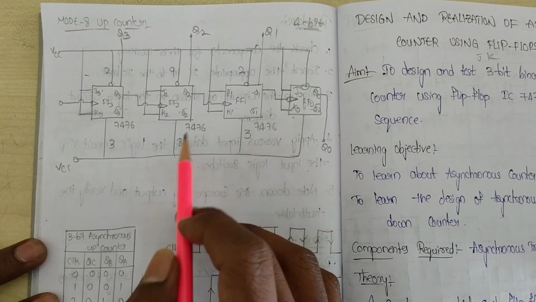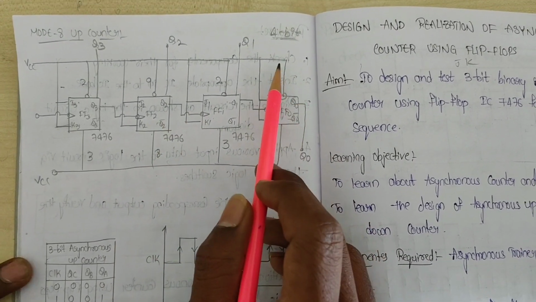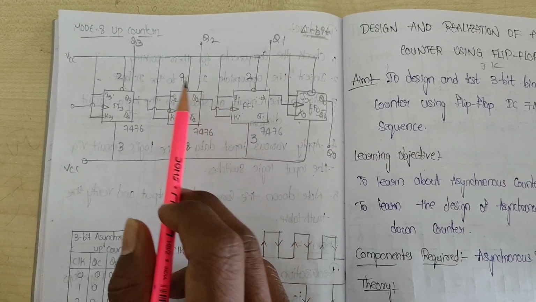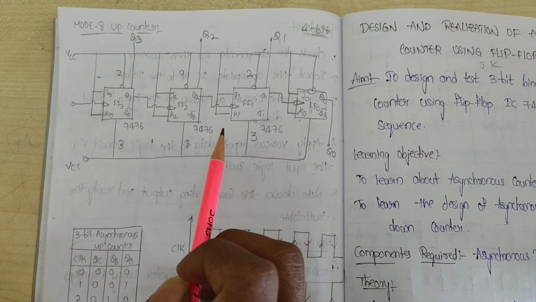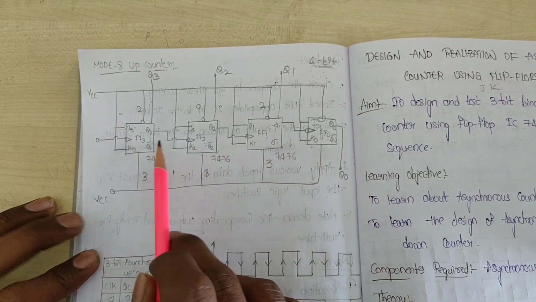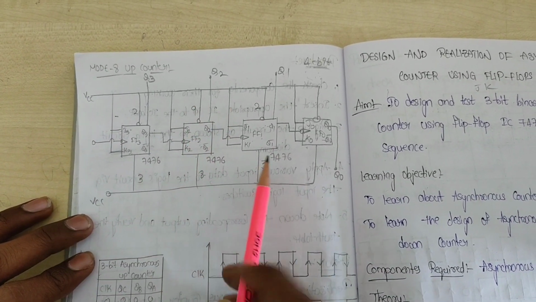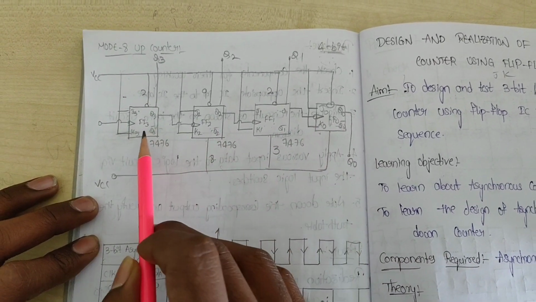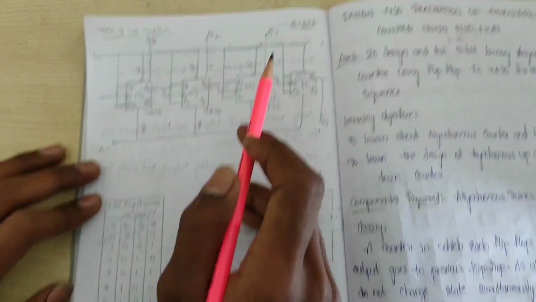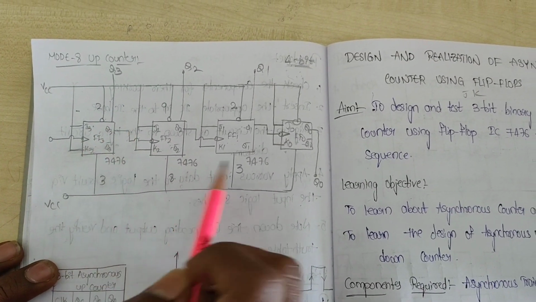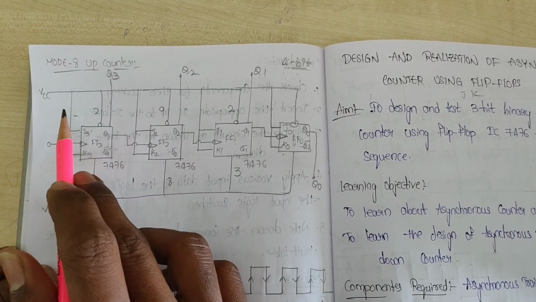This is the logic circuit of a 4-bit asynchronous counter using JK flip-flops. Since it is a 4-bit counter, we take 4 flip-flops: flip-flop 1, flip-flop 2, flip-flop 3, flip-flop 4, and the inputs of all flip-flops are the same, taken as 1.